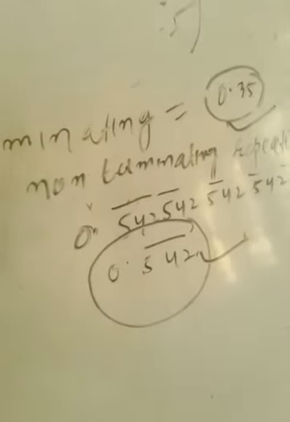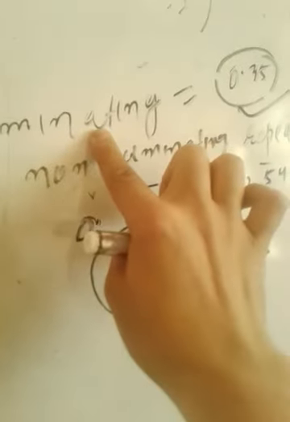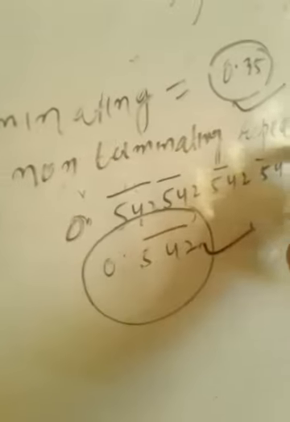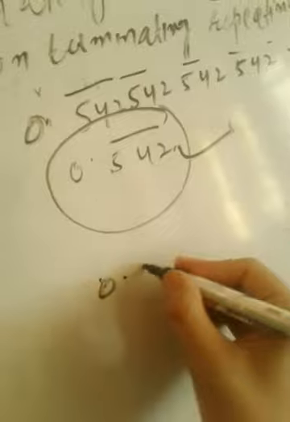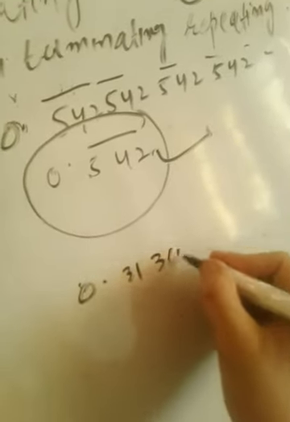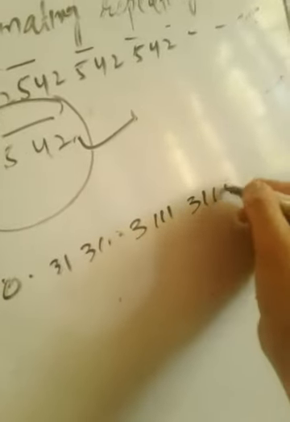Let's repeat it: the decimal expansion of a rational number is either terminating or non-terminating repeating. So what is the decimal expansion of an irrational number? It is non-terminating, non-repeating. For example, a number like 0.31, 311, 3111, 31111, and so on.